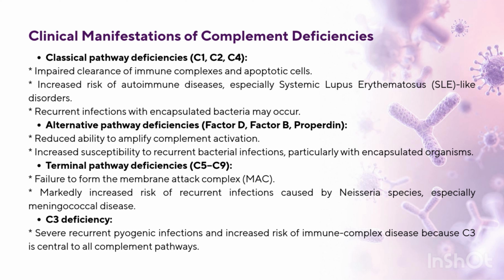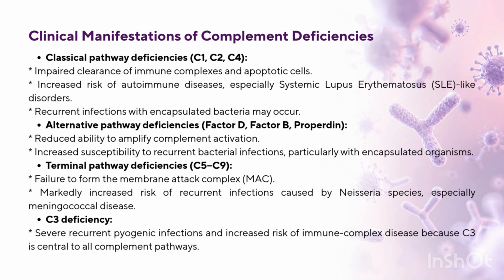Third, terminal pathway deficiencies involving C5 through C9 prevent the formation of the membrane attack complex, also known as MAC. Since MAC is responsible for directly lysing bacteria, these patients have a markedly increased risk of recurrent infections caused by Neisseria species, especially meningococcal disease.